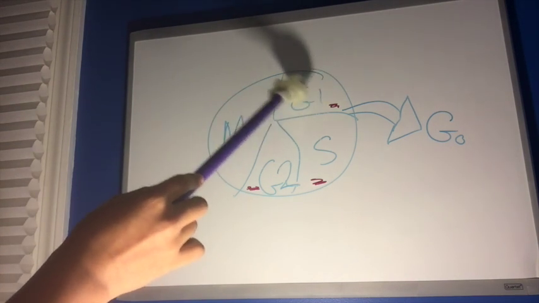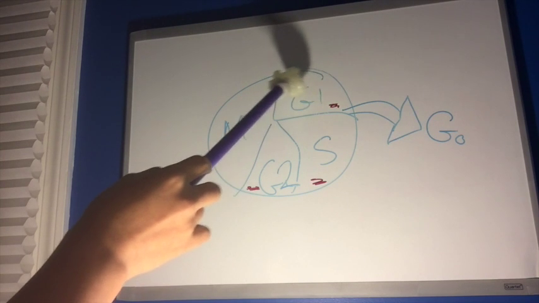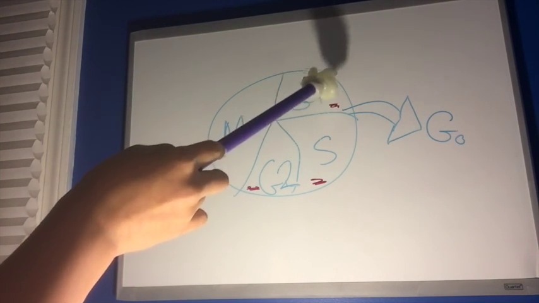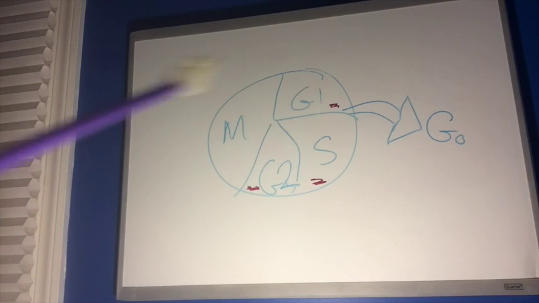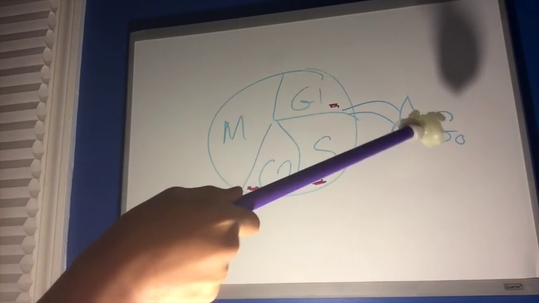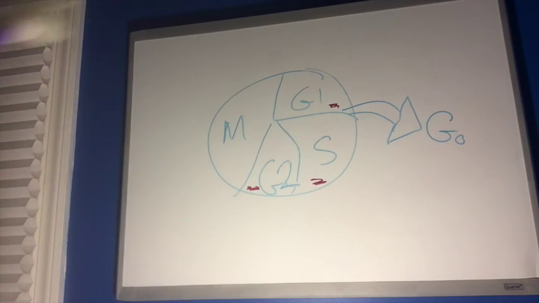If the cell didn't quite grow correctly, or is already having problems during G1 or any other phase of the cell cycle, it can go to G0, which is a pause where there's no growing or replicating happening.